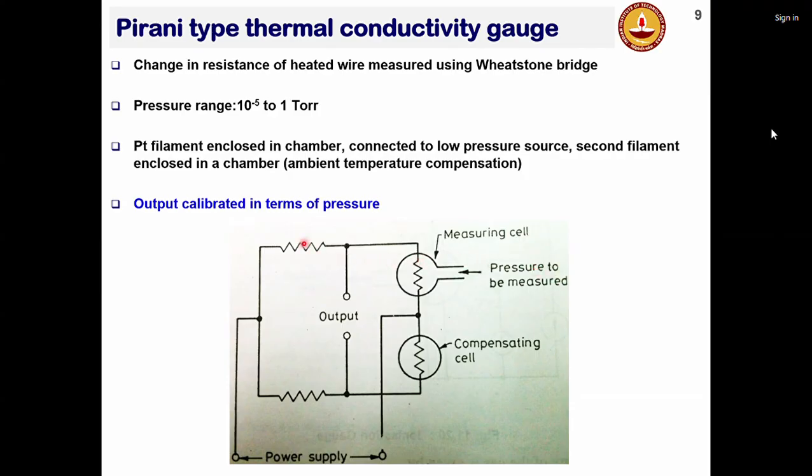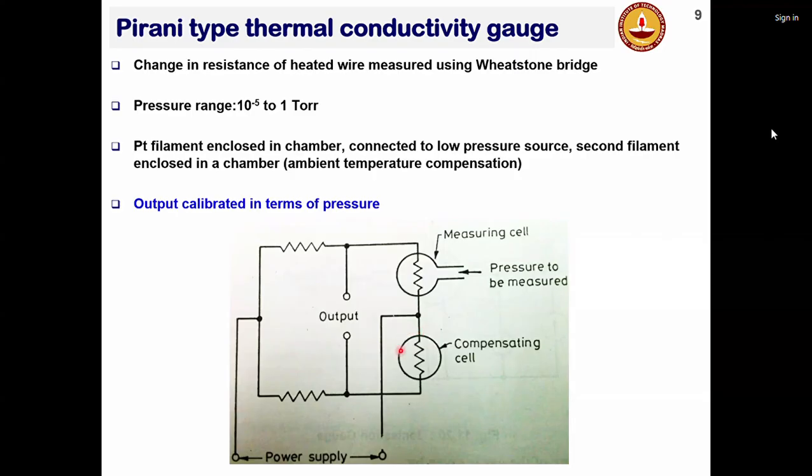This is in one branch of the Wheatstone bridge, the other side is another resistance, and then you have these two resistances. So the four resistances form the quarter bridge Wheatstone bridge circuit.